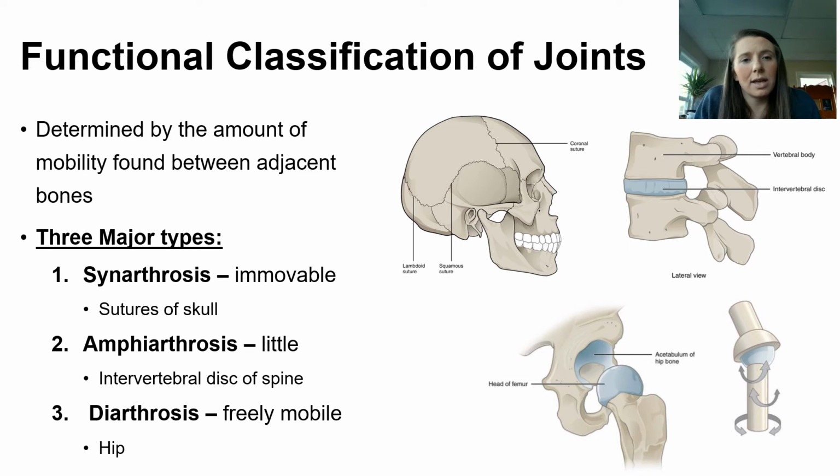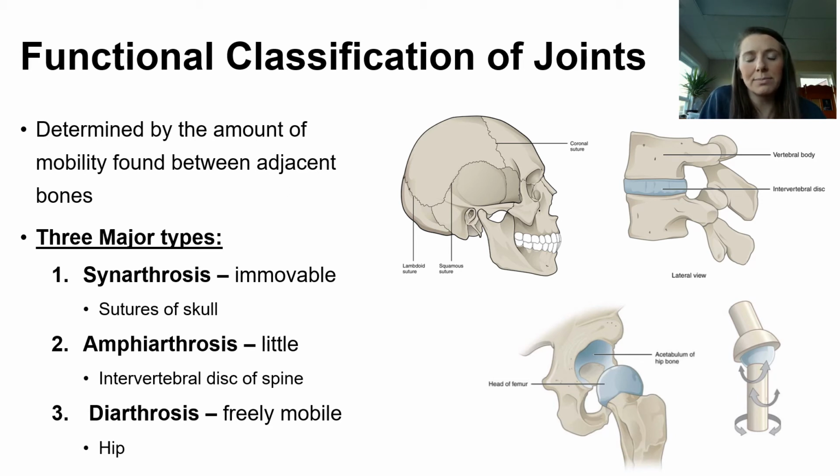So we just discussed the structural classifications of joints, but remember I also said that the joints are classified based on their functional characteristics, so based on what kind of movement they can actually do. And there's 3 major functional classifications.